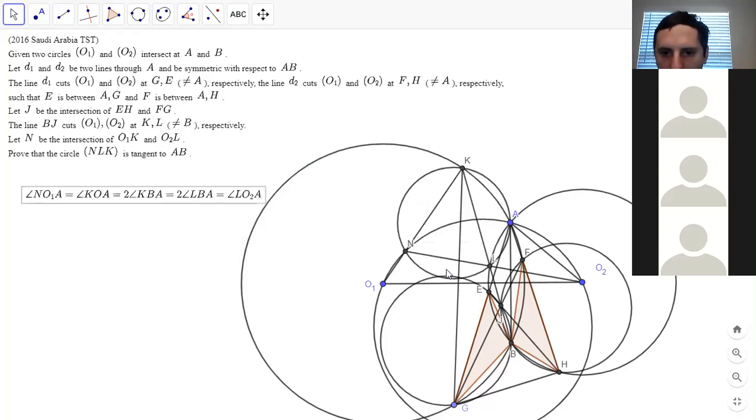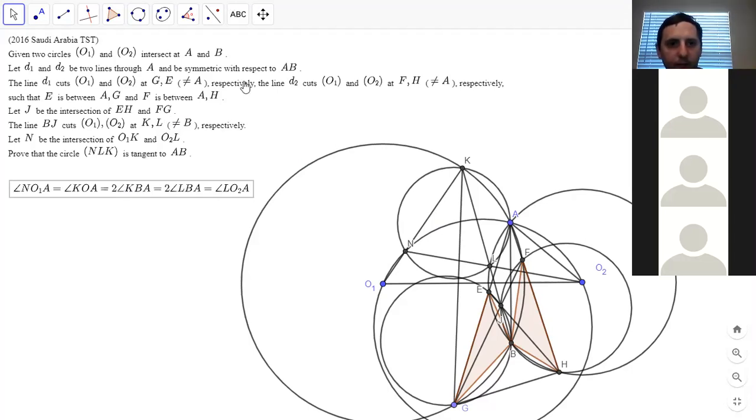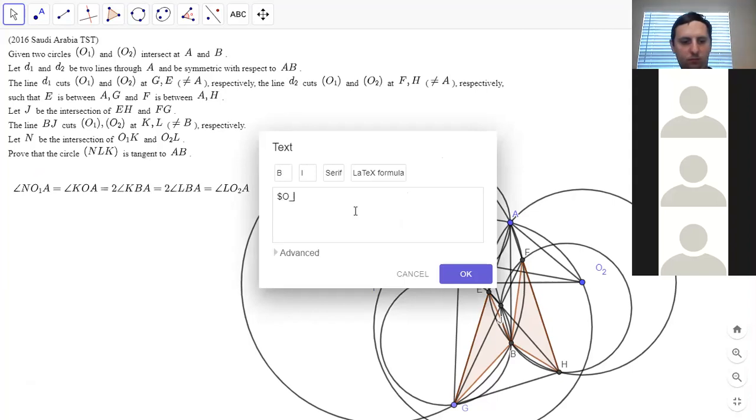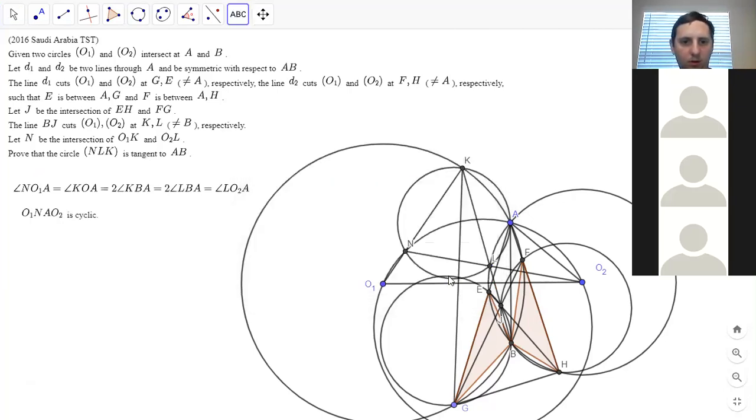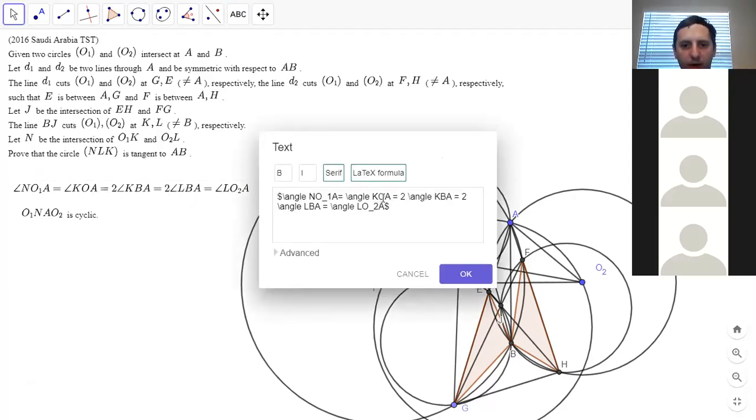So that means that O1N AO2 is cyclic. And then you have a little typo, KOA instead of KO1A. Oh, yeah, it should be KO1A. Good point.